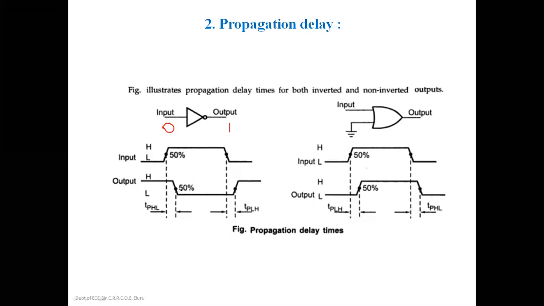So how to calculate this? For that, we take exactly the 50% of the input response to the 50% of the output response. That gives us the propagation delay to change from high to low state.